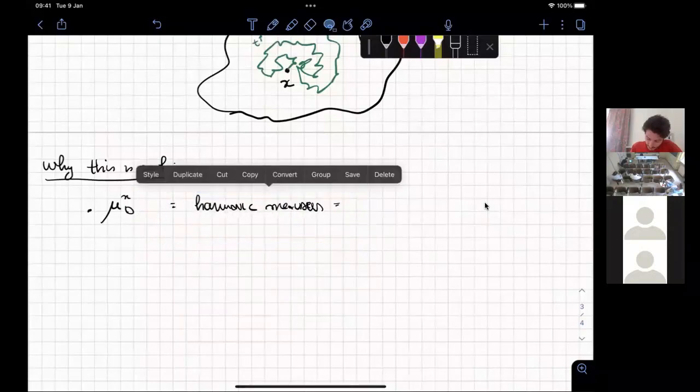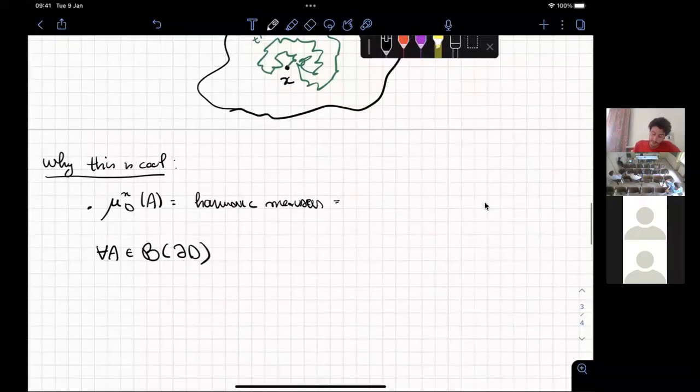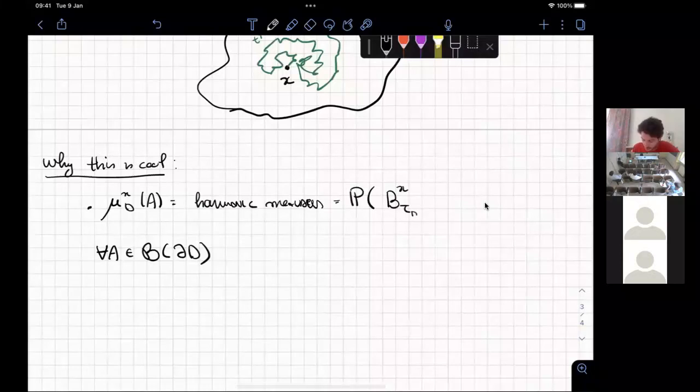Take a set A, for every A belonging to the Borel sets of the boundary of D. The harmonic measure is just the probability that our Brownian motion stopped at T, where T is the one we introduced before, belongs to that A.